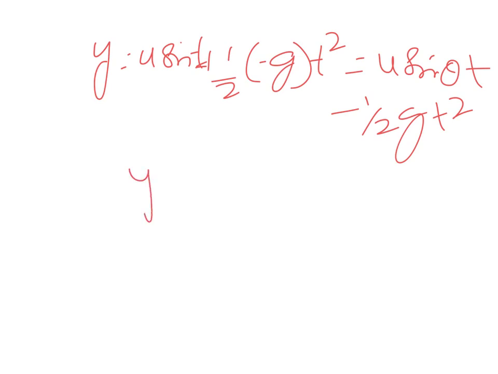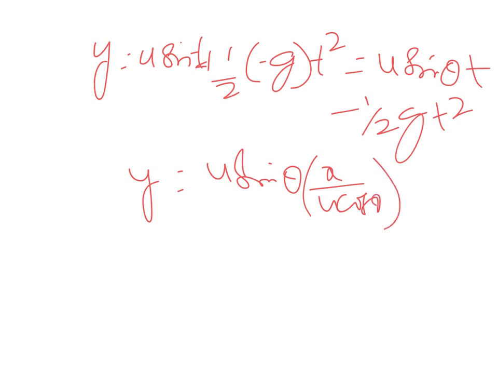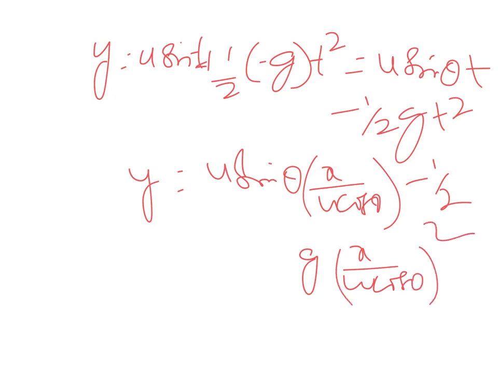Now y is equal to u sin theta, where t is x by u cos theta, minus half into g, and t again written as x by u cos theta, the whole square.